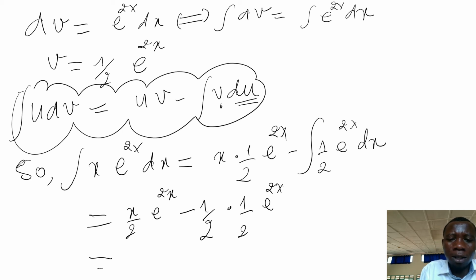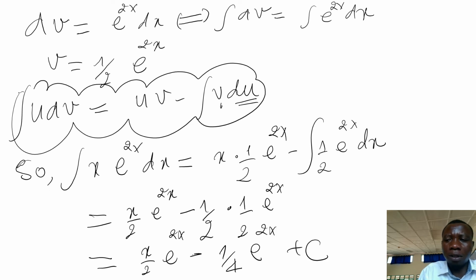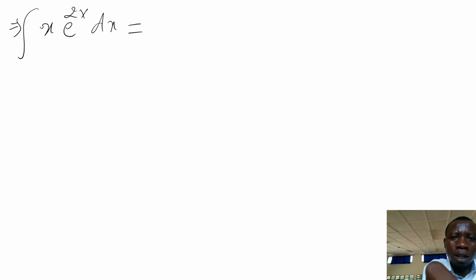So the answer is x over 2 e power 2x minus 1 over 4 e power 2x plus c.